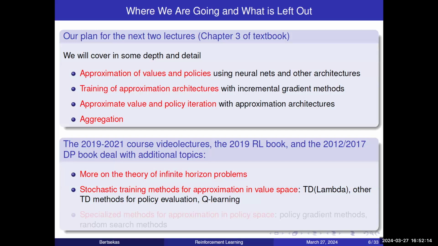And for example, there is an elegant, also famous proof for Q-learning, which is done by the professor's co-author of this NDP book, the Neurodynamic Programming book, John Tsitsiklis.